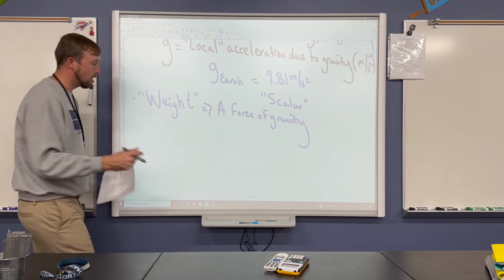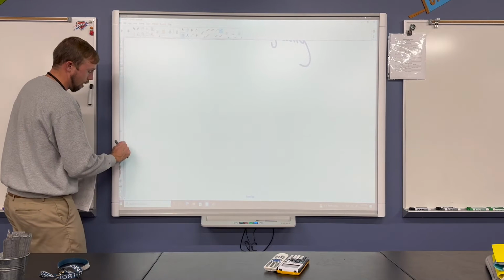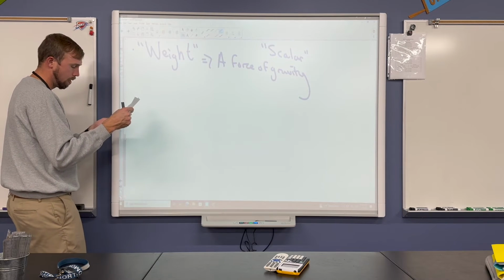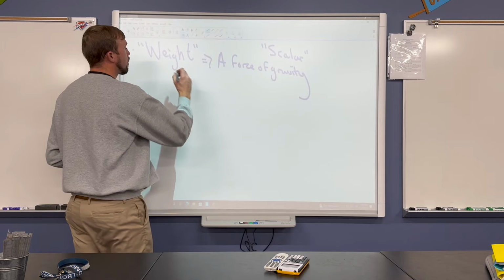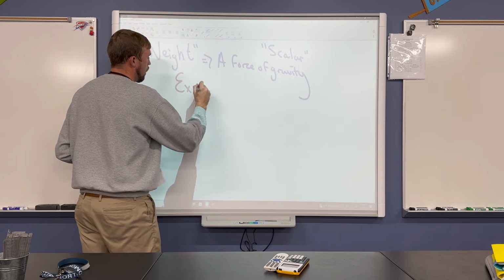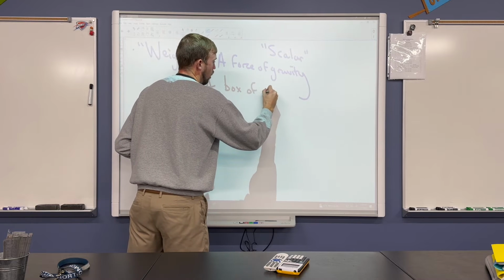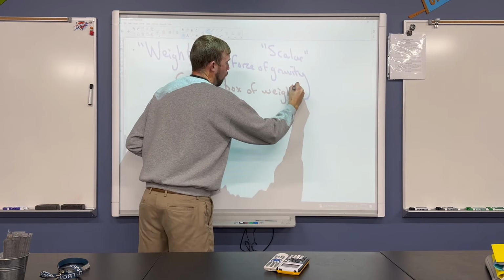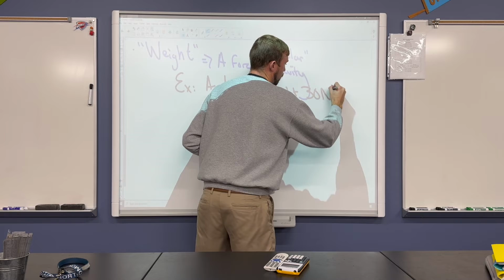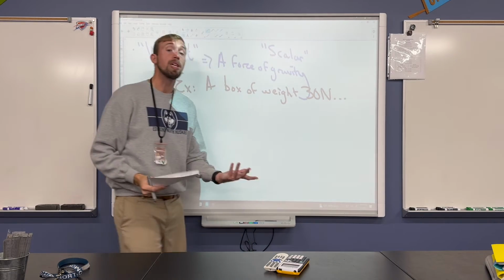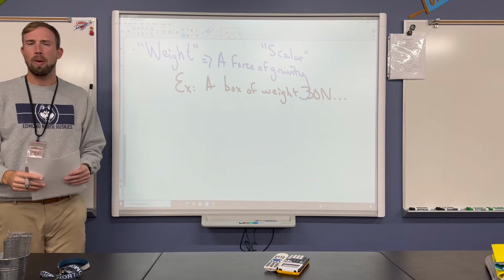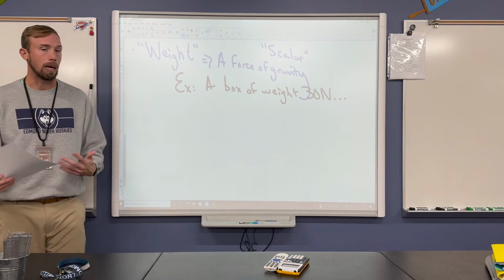So if you see this terminology show up later, and I'm going to give you a hint, it will show up later. For example, if you see in a problem, it says a box of weight 30 newtons. Oftentimes students will read a sentence like this and think, hold on, it weighs 30 newtons. I thought that weight should be in grams or kilograms.